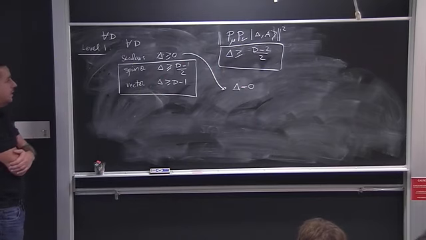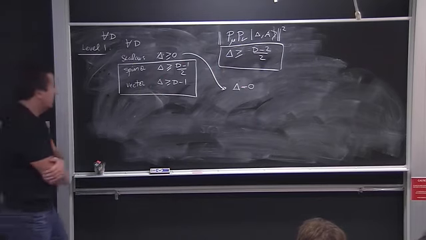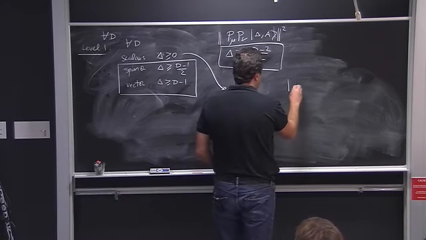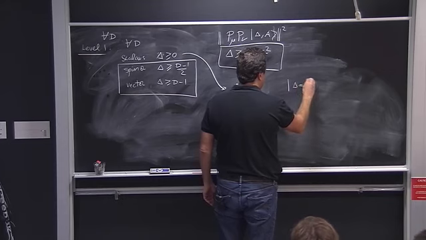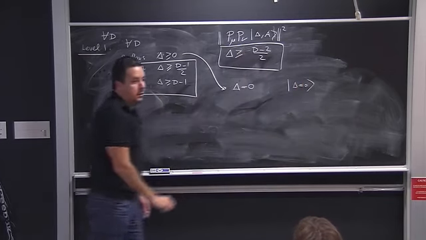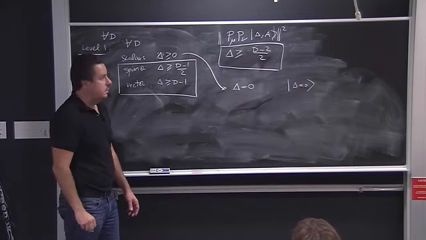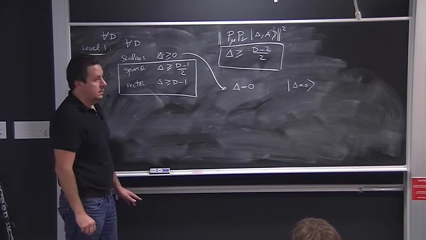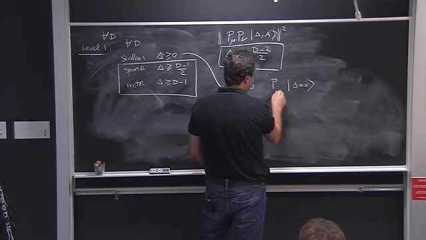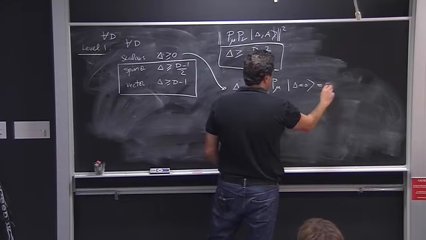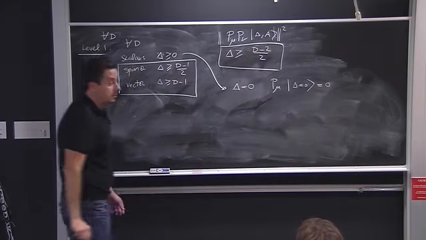Can we say something about the operator that created this state? The first statement is that this is a null vector.